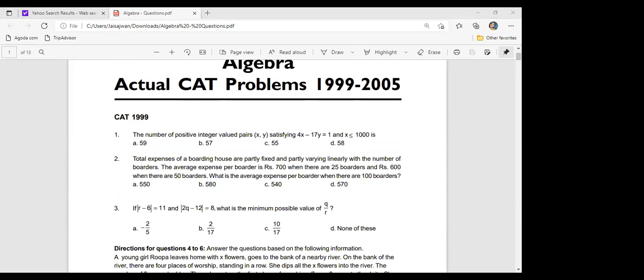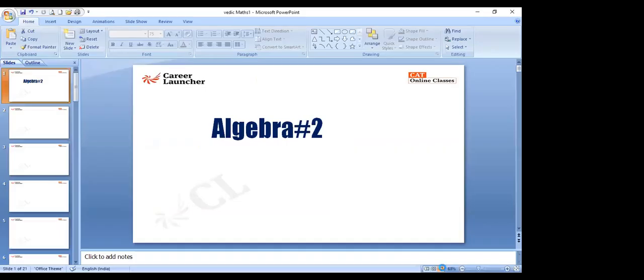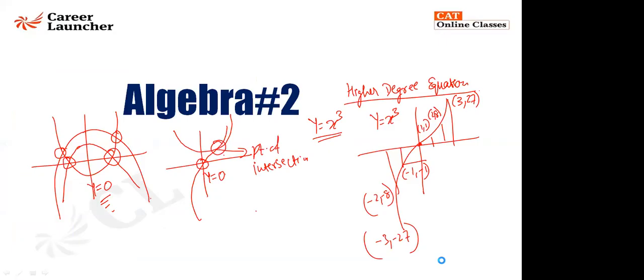So we have done the cubic equation, the quadratic equation. Now I will be taking you back to algebra 1.